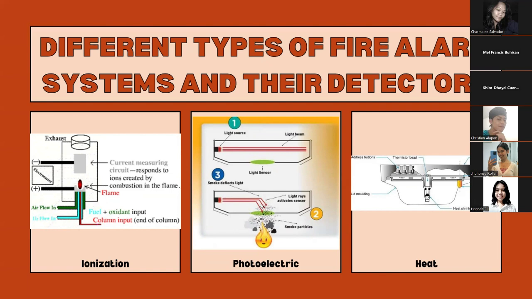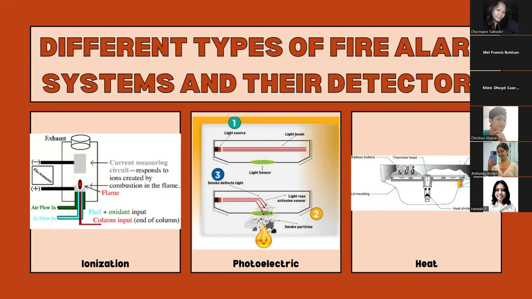So when smoke enters the chamber, as we see in the picture, it disrupts this current, triggering the alarm. These detectors are suited for areas where rapid fire outbreaks are a concern, such as mga industrial buildings and flammable materials.